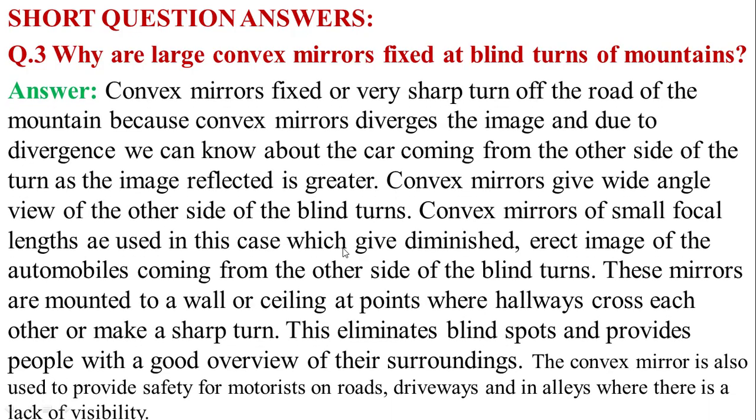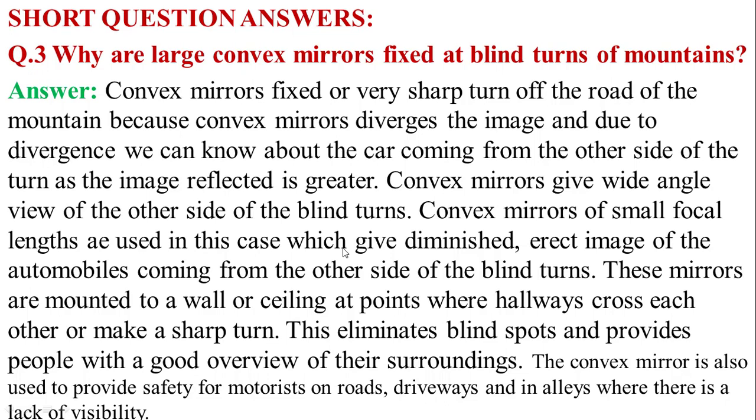We can say that a convex mirror is fixed at a very sharp turn of the road, such as on a mountain, because convex mirrors are diverging and the image is formed due to divergence.